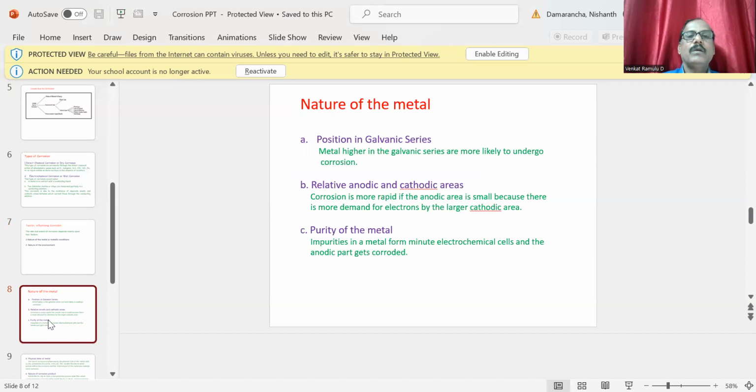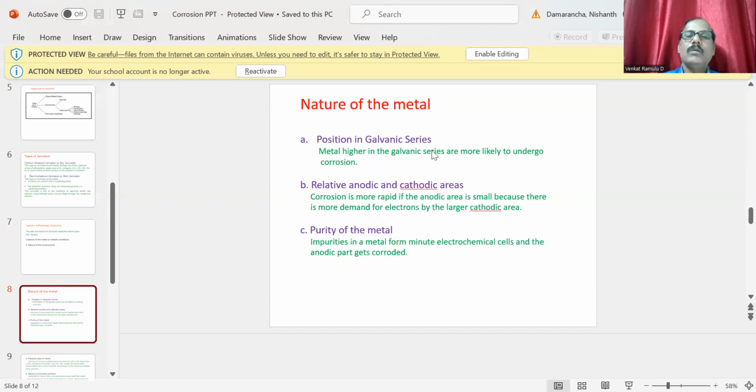First one, nature of metal. Nature of metal is very important in deciding the rate of corrosion. In this sequence, the first factor is position in the galvanic series. If any metal is present higher or above in the galvanic series, that undergoes corrosion.